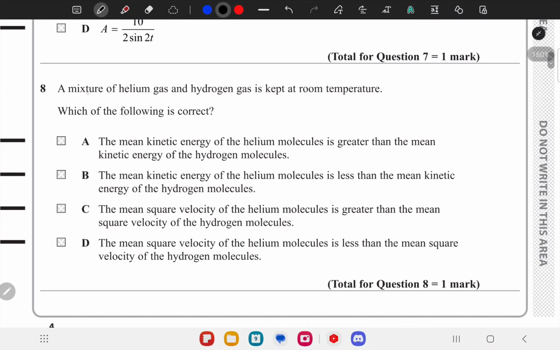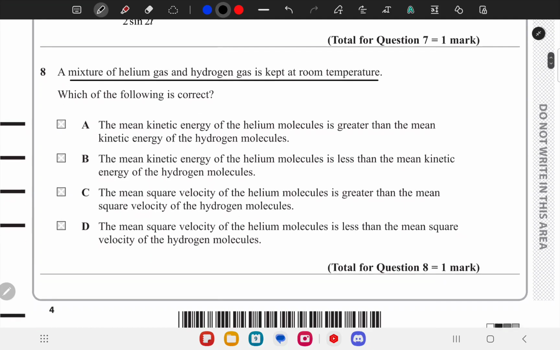Now in question 8, we are told that a mixture of helium gas and hydrogen gas is kept at room temperature. Which of the following would be correct? The first option states that the mean kinetic energy of the helium molecules is greater than the mean kinetic energy of hydrogen. This would be wrong because the mean kinetic energy would be the same because both of them are kept at the same temperature.